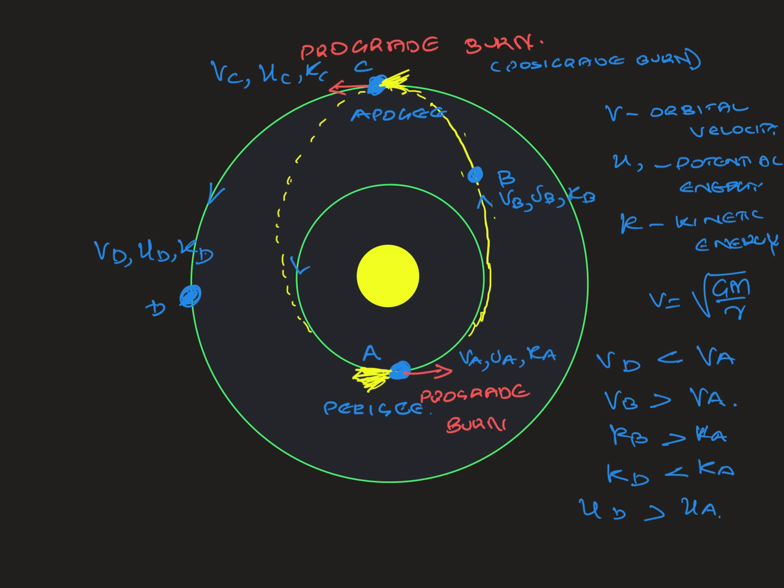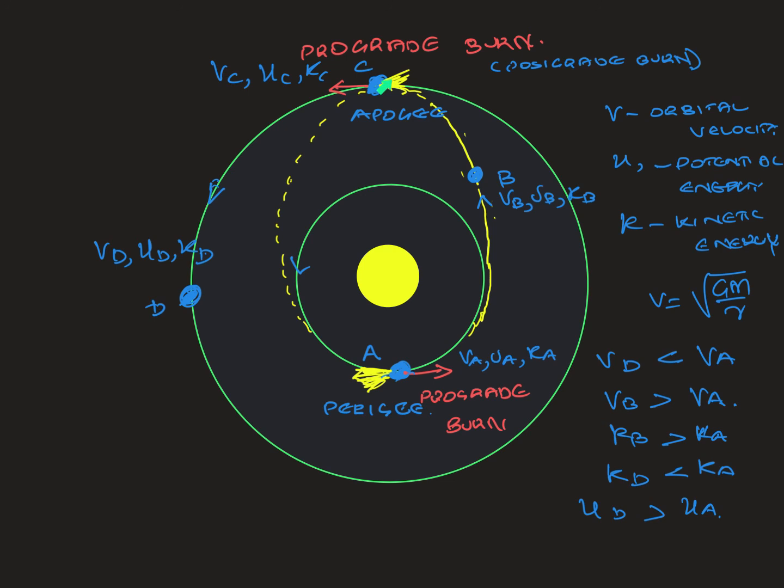So I think it's important to understand the way the energy and the velocity change, because it may be a bit confusing. Someone might ask, well, you are adding a boost, a prograde burn, and increasing the velocity, and how come the velocity here at a high orbit is less than the velocity here? Do you know why? Because we are increasing the velocity of this satellite, but the velocity is providing the kinetic energy for the satellite to move to a high orbit, and while moving to the high orbit, that kinetic energy is converted into potential energy.